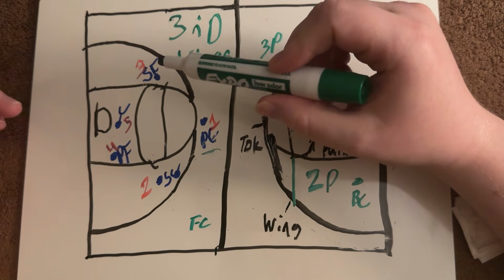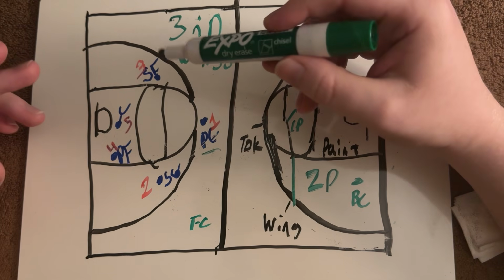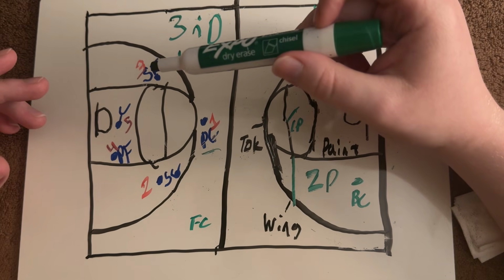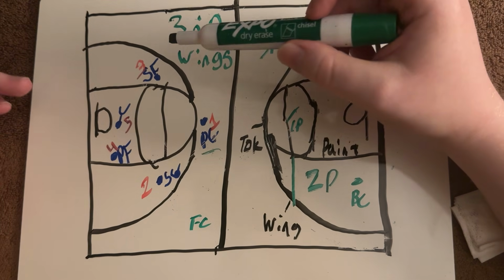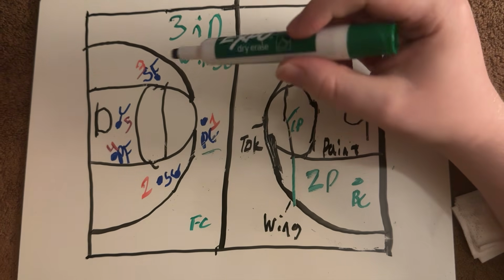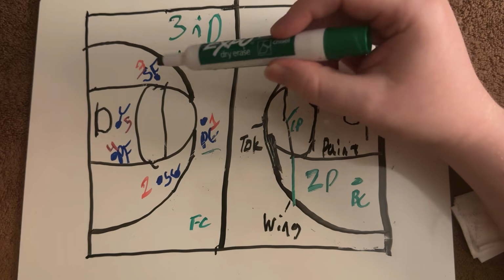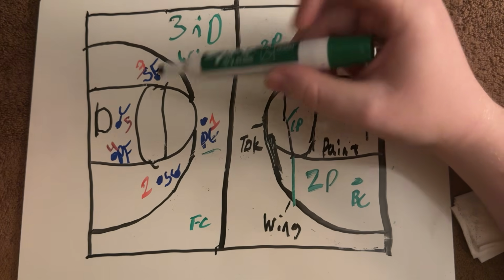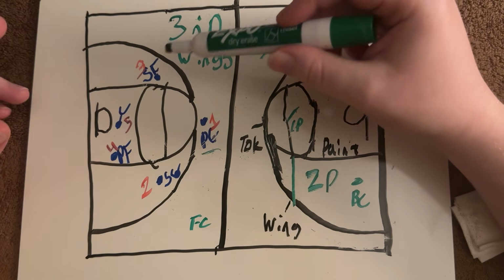And then you have, for example, a guy like Jaden McDaniels, or Jalen Williams on the OKC Thunder. That's a small forward that is more of a catch and shoot kind of guy from the wing.